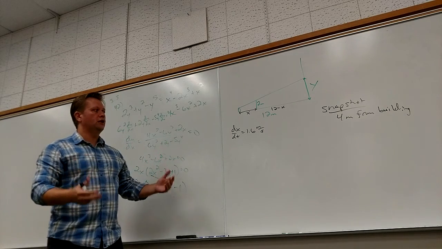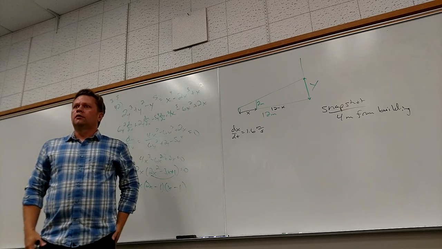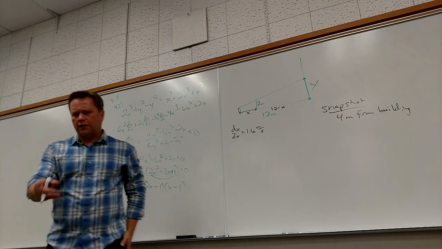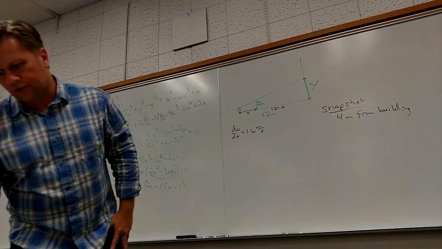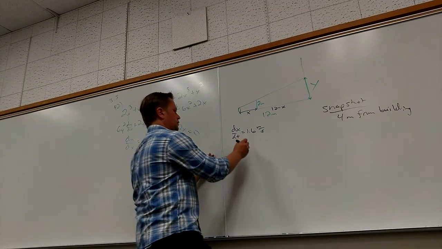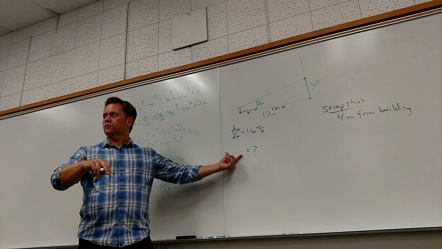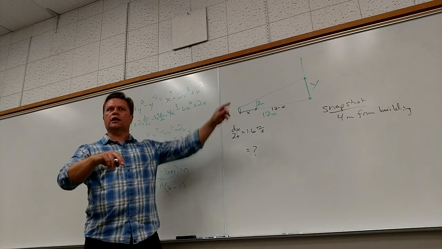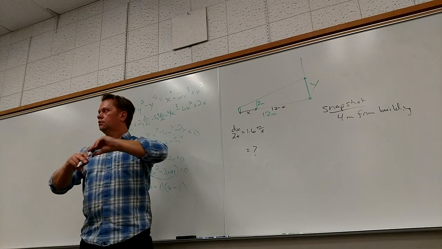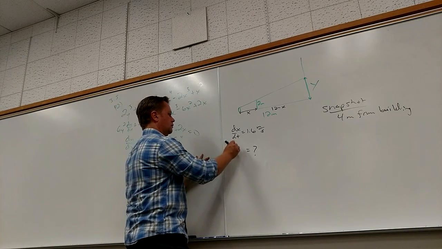What equation am I working with here, though? And they're asking me the length of the shadow. What's the question then in symbols? How fast is the length of the shadow changing? Yeah, dy dt.